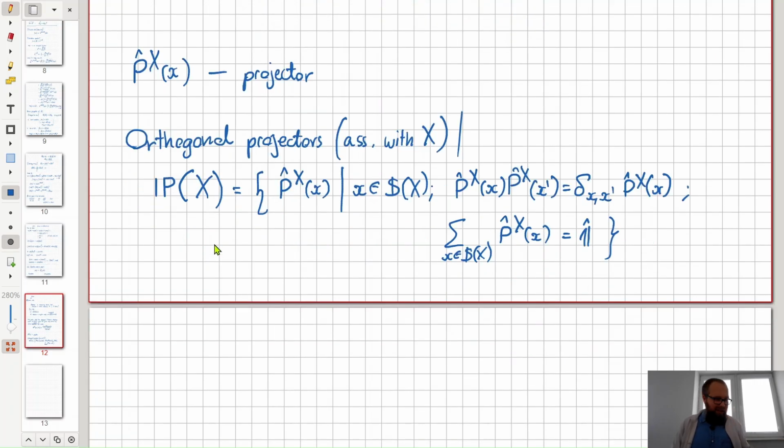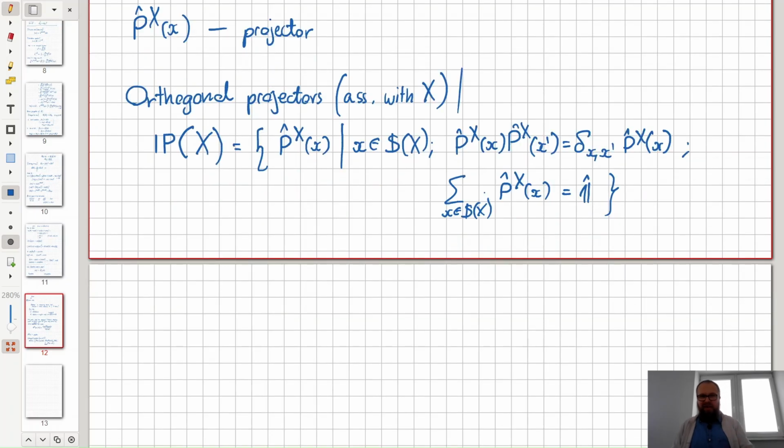Okay. So now let me break down the conditions. This one is obvious, right? Different results from the spectrum. We have a projector for every result. This condition is actually what tells us that these are projectors, and orthogonal projectors to be more precise.